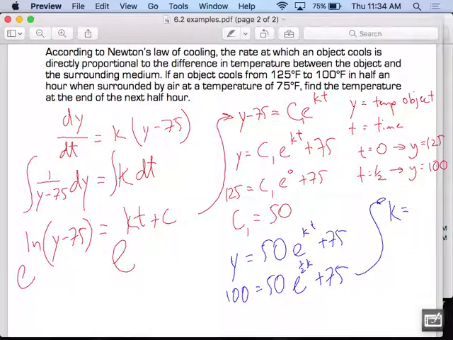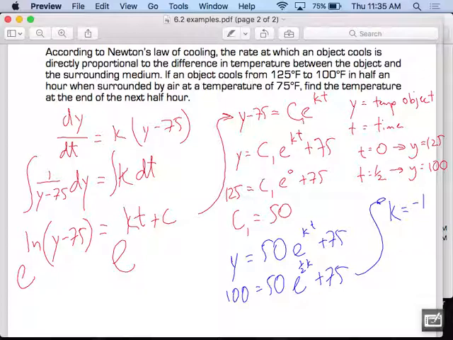Remember your Aunt Sally. Negative 1.3. What do we got for k?